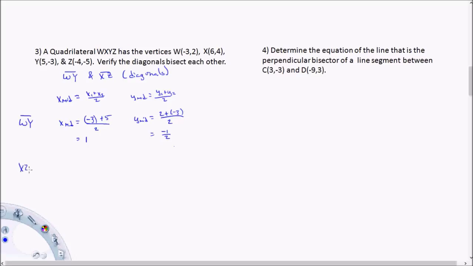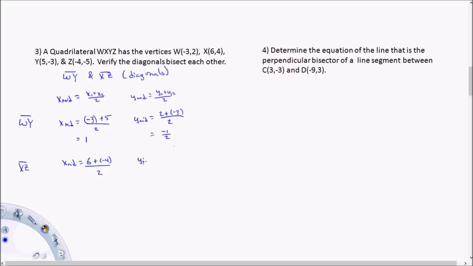So that's the midpoint coordinates for WY. How about for XZ? For the X midpoint, we'd still use this same generic midpoint formula, but now we're dealing with the data points X and Z. So we have 6 plus -4, over 2.